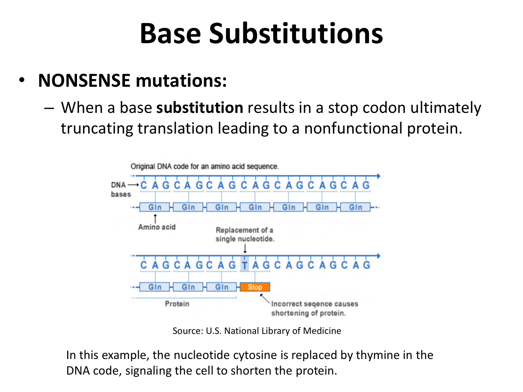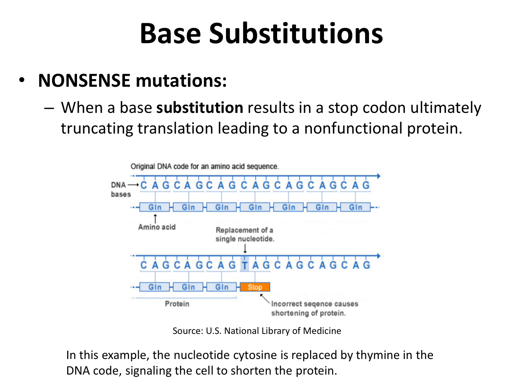Now again in the base substitution category, we see nonsense mutation. When a base substitution results in a stop codon, ultimately truncating translation, it leads to a non-functional protein. Alright, so you see the original DNA code and the amino acid chain respective to their codons from mRNA. Then what is happening here in nonsense mutation? The nucleotide cytosine is replaced by thymine.